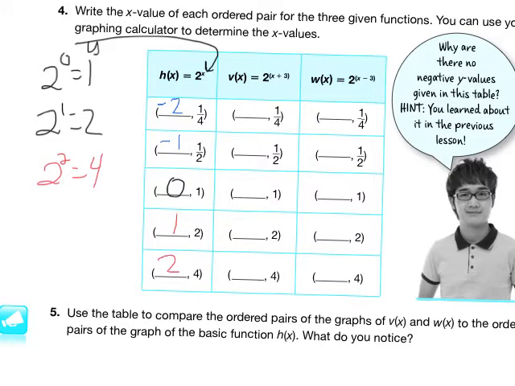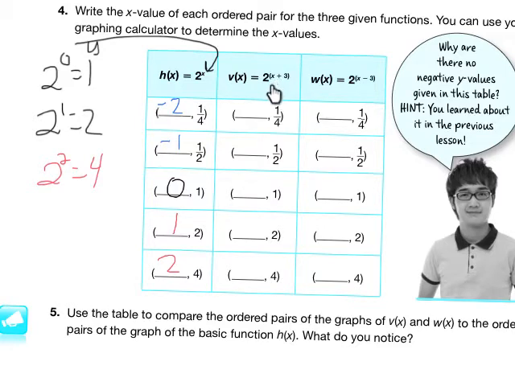All right, next. We want to say that on the v of x, right here, it's going to be x plus 3 from whatever the other one is. So we could do a few of these. Let's try it out right here.